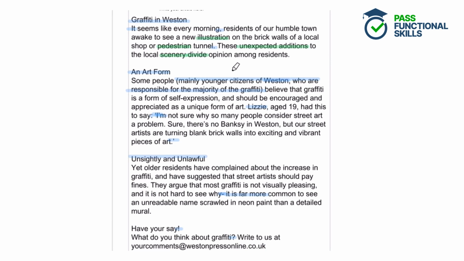Just try to make sure that you are spelling simple words correctly, because if you have lots of incorrect spellings throughout your answer, then you're unlikely to get very high marks for spelling. The best way to improve your spelling is just to practice, practice, practice, and make sure that you check your spelling after you've written your answer. If you're unsure how to spell a specific word, then think about other words that you might use instead.